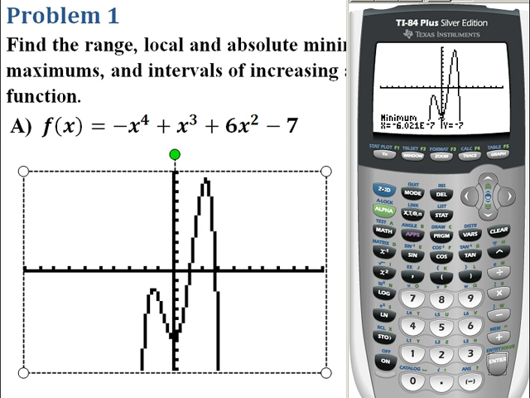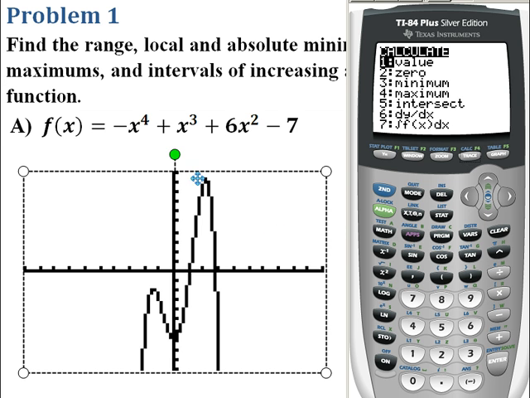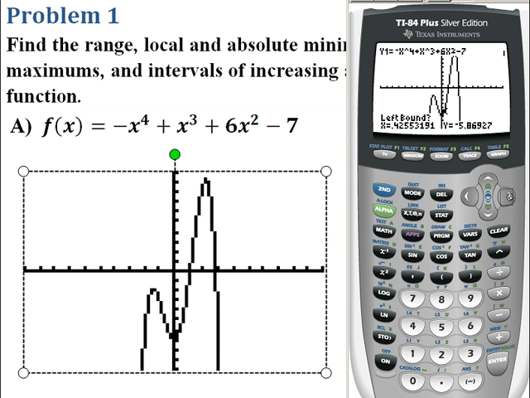And then one more time for that final maximum on the right. Option 4 for maximum. Left bound. Right bound. Get up top for a guess. And our last maximum is at 2.1 and 9.3.